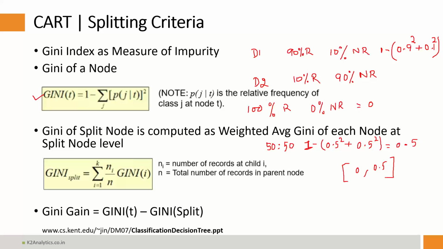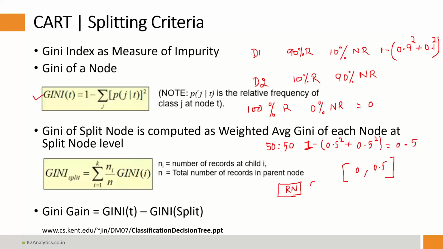Now, how is this Gini measure of impurity used to find the best variable? You will have a root node, and this root node is a mixture of your classes, and we'll just have two classes: response, no response.